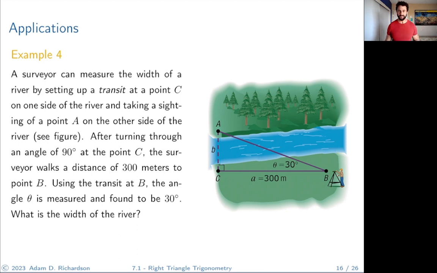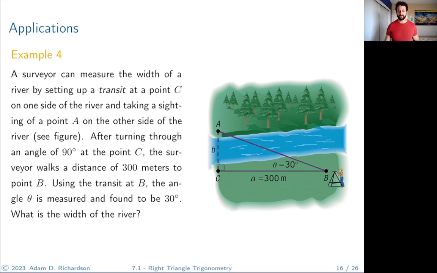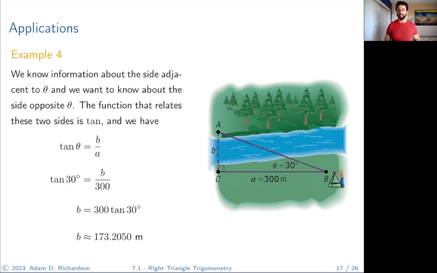How could we find that out? Think about this one on your own for a minute, and then we'll do it. How would you find that length, the length B? Okay, let's do it together. We know information about the side adjacent to theta.